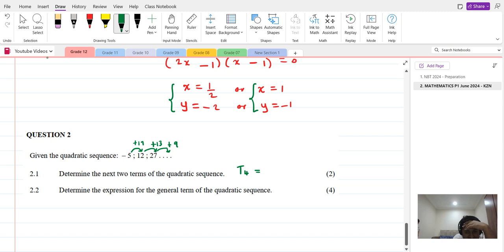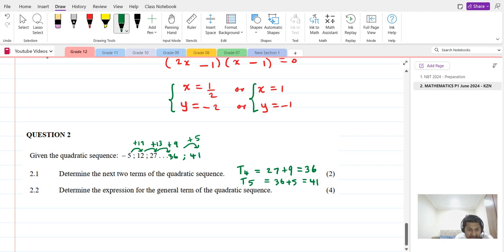So 27 plus 9, which is equal to 36. And then after we add 9, we're going to add the next number, which is a reduction by 4, add 5. So term 5 will be 36 plus 5, which is 41. So the next two terms are 36 and 41.